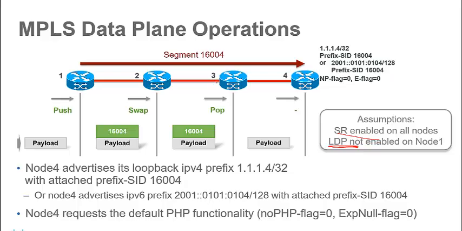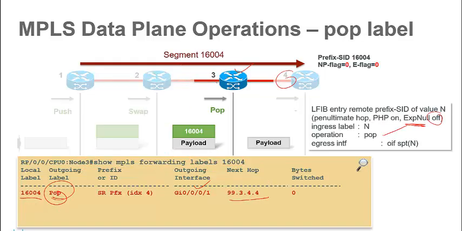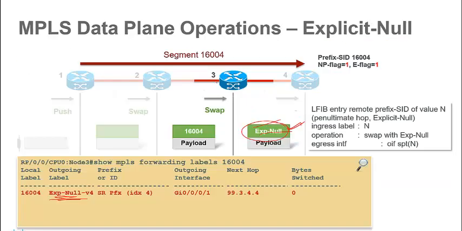Even in segment routing MPLS data plane, you have the popping. But if you do not want to pop for some reason, what reason? You want that experimental bit to be available for QoS. So what you can do is enable explicit null so that the header will be carried like this.